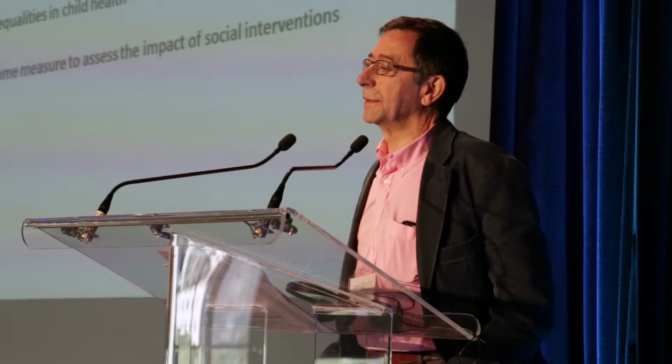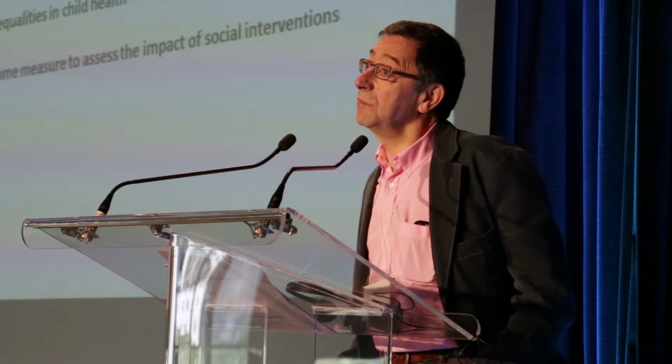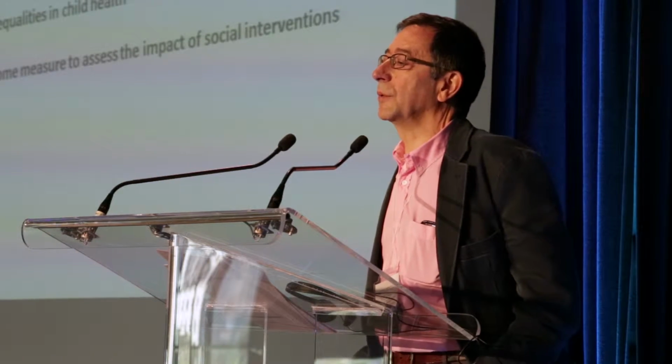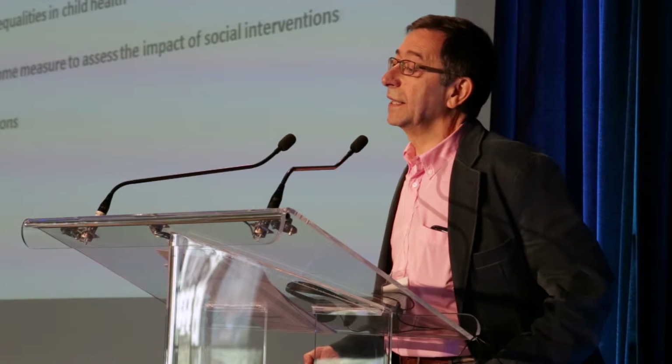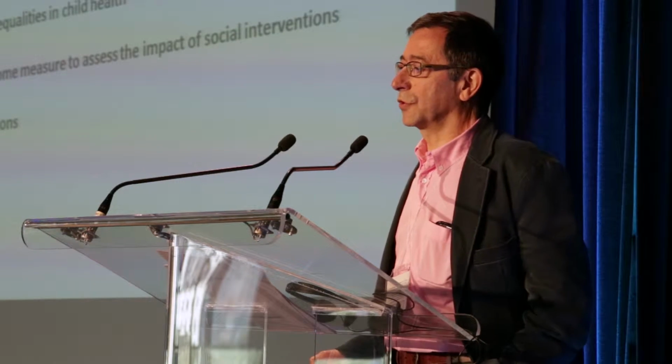Then, how to assess social inequalities in child health by using this outcome measure, and how to assess the impact of social interventions with some examples, and then some remarks and conclusions.